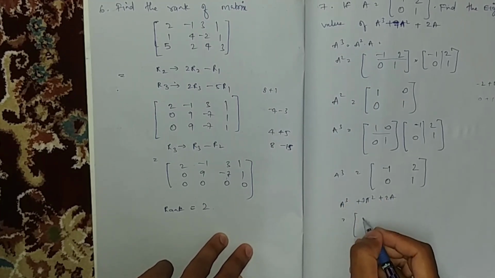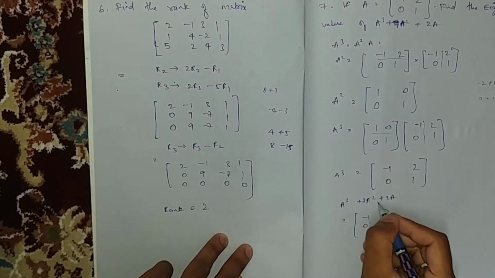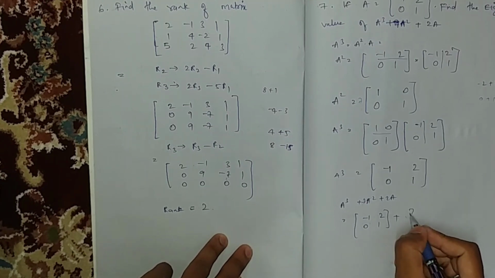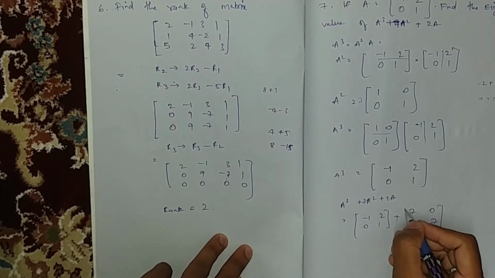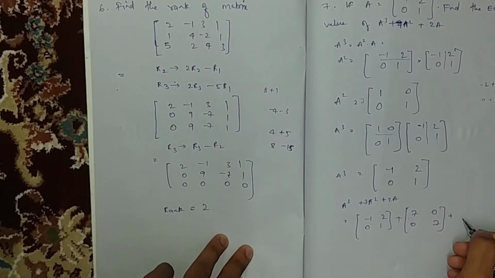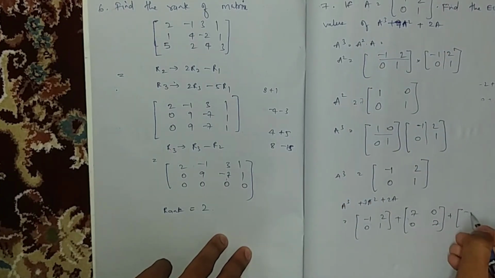Now you need to add A cube, 7A square, then 2A. So I will write A cube value as [minus 1 2; 0 1]. 7A square I am writing as a direct value by multiplying 7 here, so [7 0; 0 7], then 2A. I am multiplying 2A directly by multiplying 2 here. It becomes [minus 2 4; 0 2].